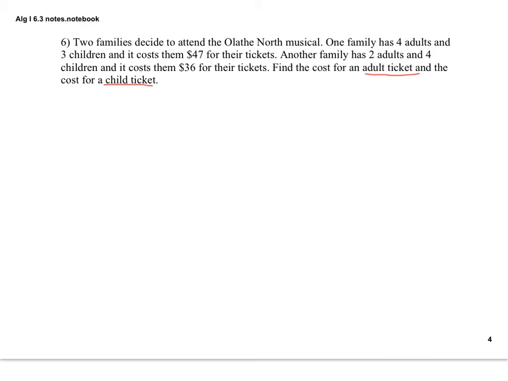All right, so I'm going to call the adult ticket A. And we're going to call the child ticket, you guessed it, C. All right, so in the first system of equations, we've got 4 A's and we've got 3 C's, and they pay $47.